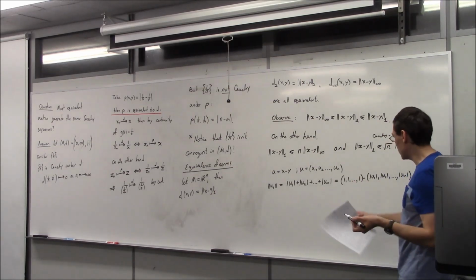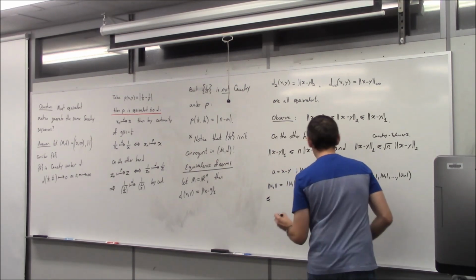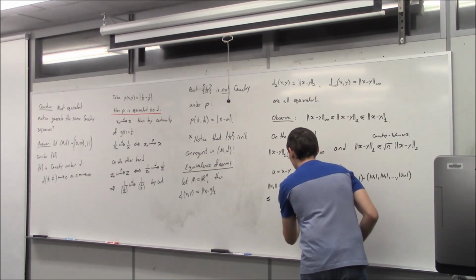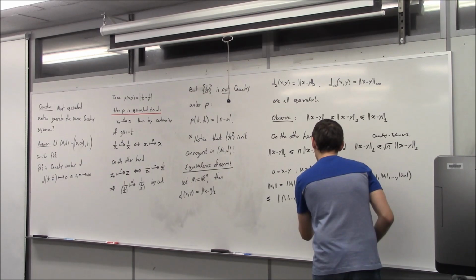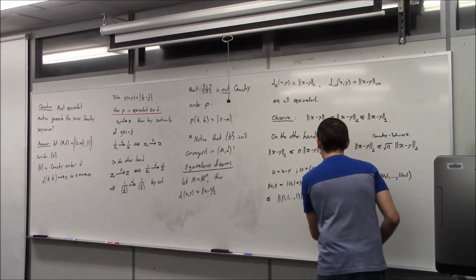Now this is a positive dot product, so by Cauchy-Schwarz this is simply less than or equal to the 2 norm of the vector 1 times the 2 norm of the vector u1 all the way to un.